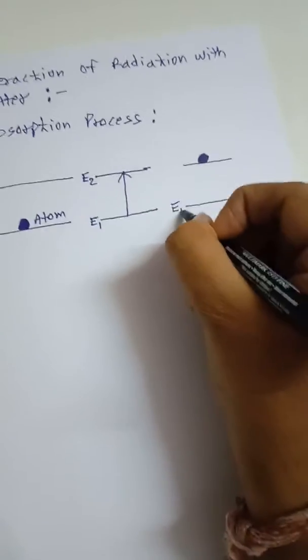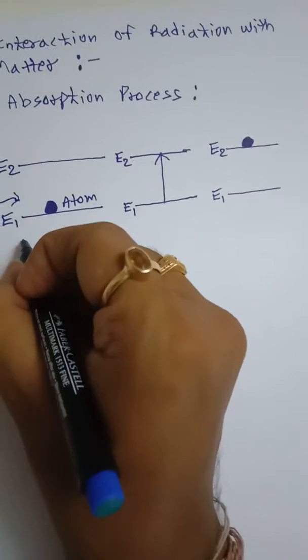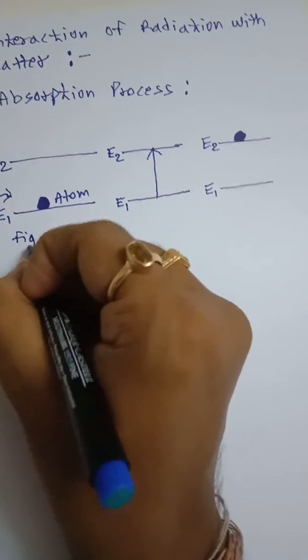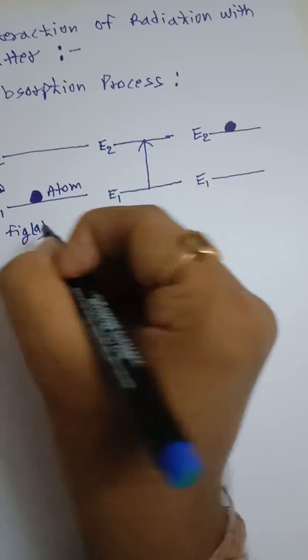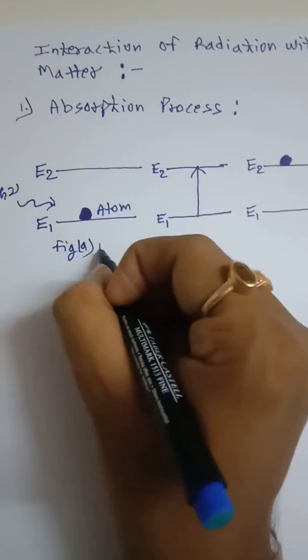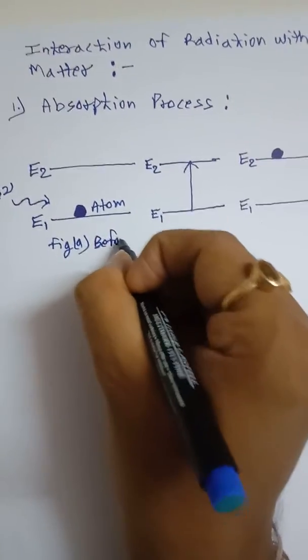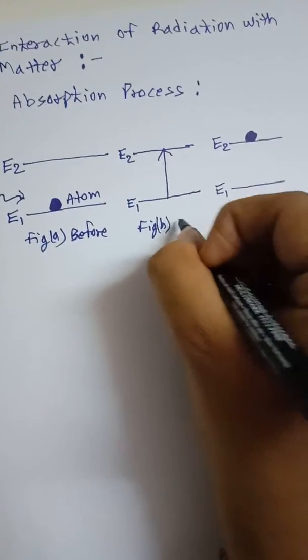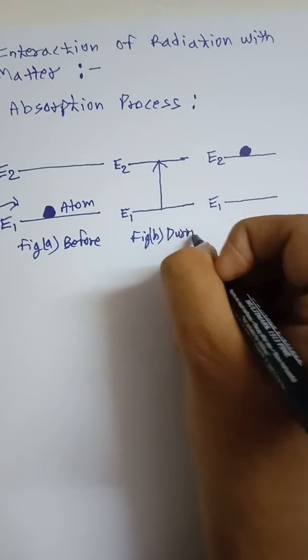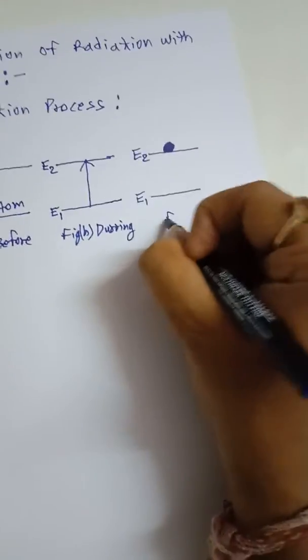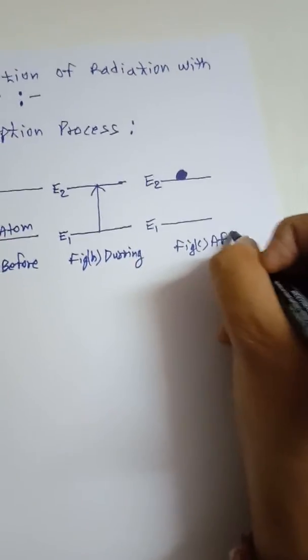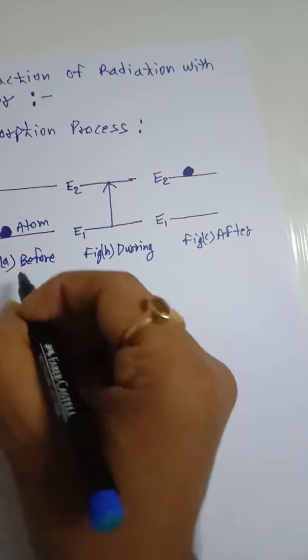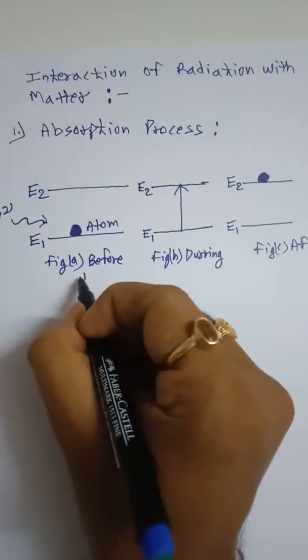This is figure A, known as before transition. Figure B is during transition, and figure C is after transition.